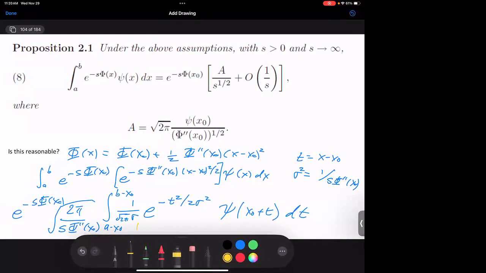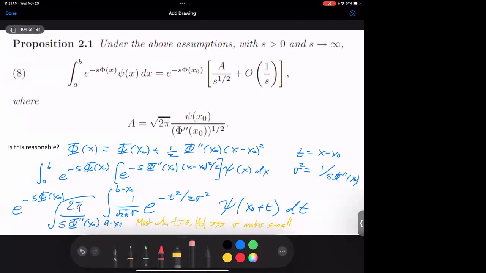So, most when t equals 0. Actually, no, I'm not sure, just sigma.